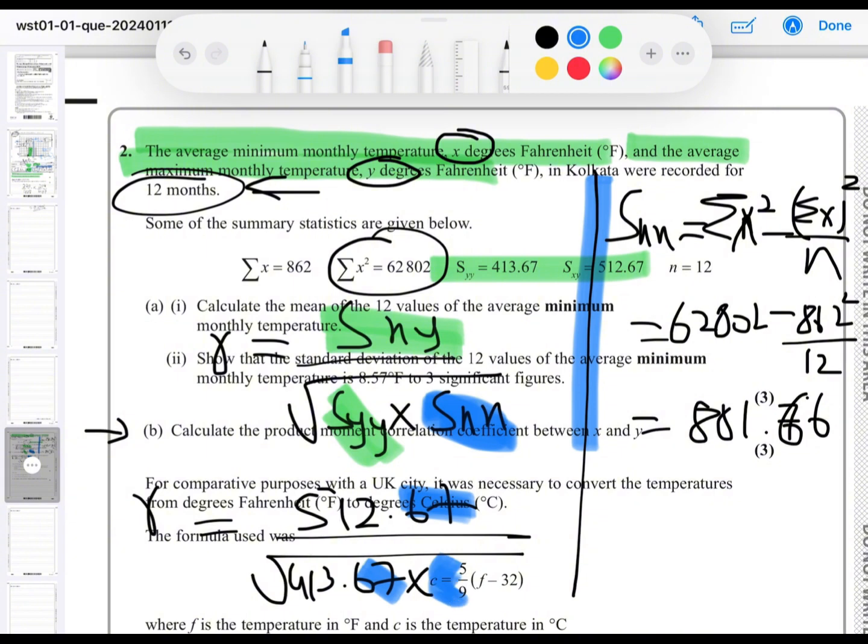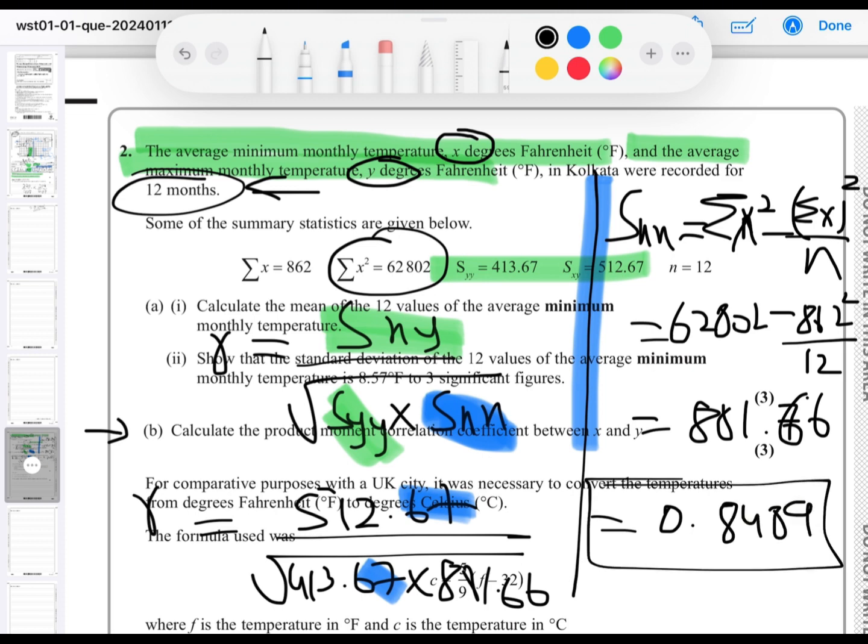So 881.66. Now by putting this in the calculator, I got 0.8489. I hope this part is clear now.